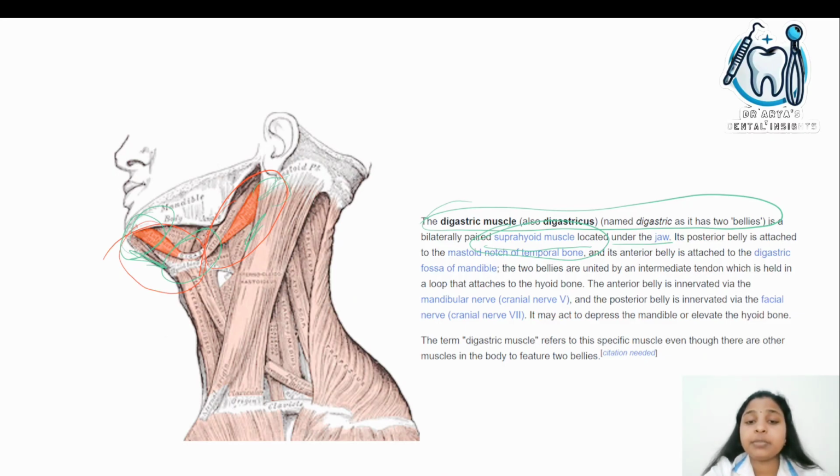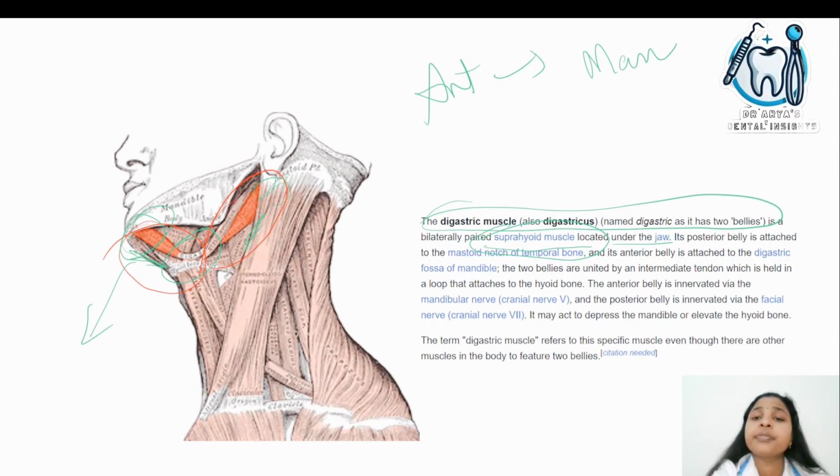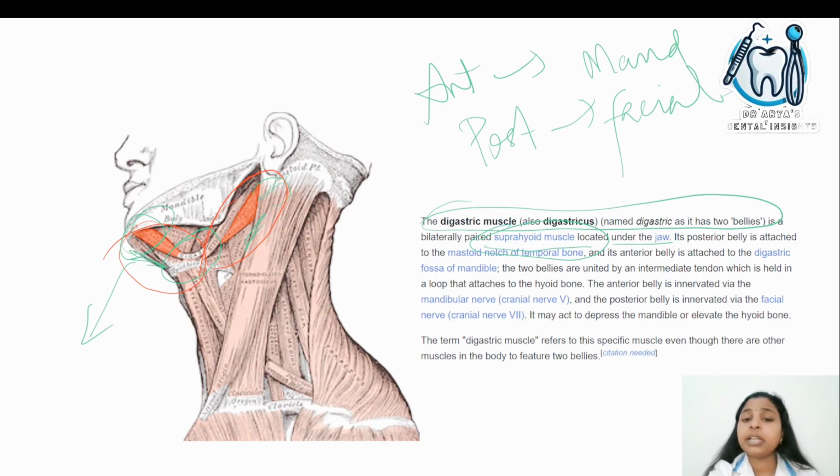The anterior belly is innervated by the mandibular nerve, and the posterior belly is innervated by the facial nerve. The facial nerve is the 7th cranial nerve, and the mandibular nerve is part of the 5th cranial nerve.